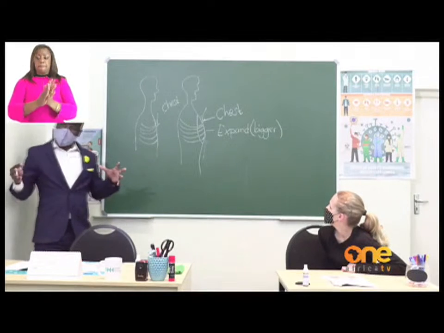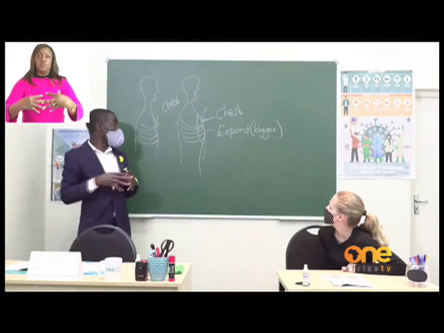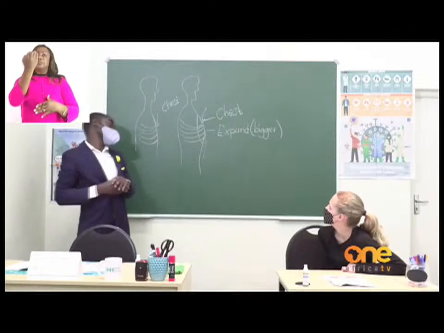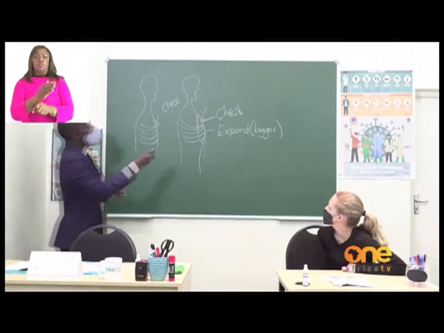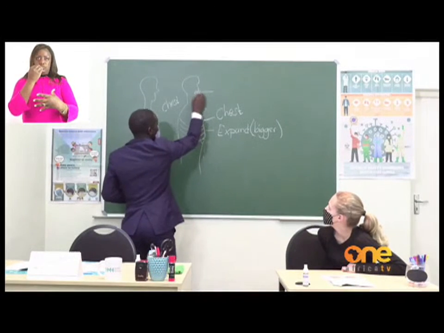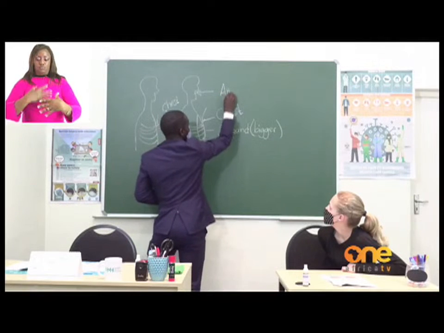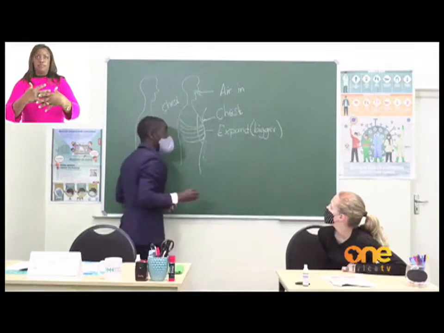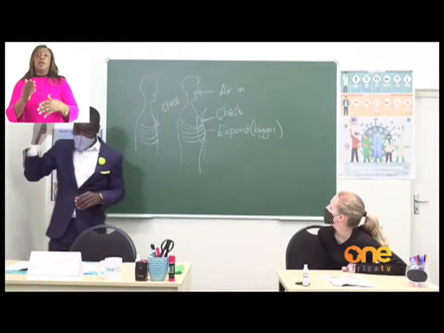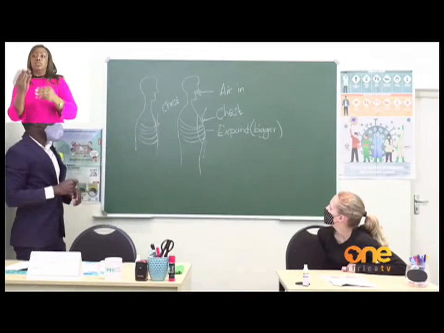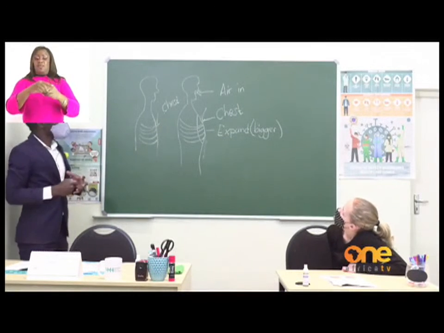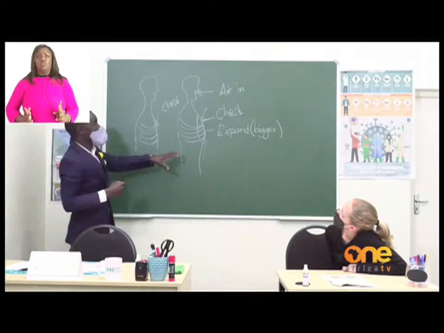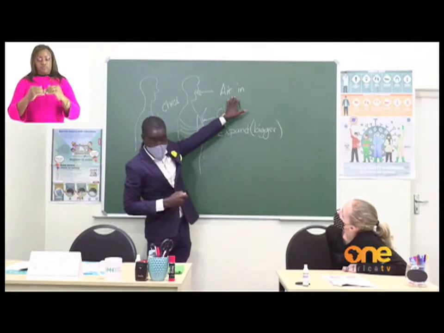Okay? Every time when you're putting something somewhere, you need space for that. So when we are breathing in, it means that we are adding something in our body. And then because of that, we should have enough space for the air that you are breathing in.